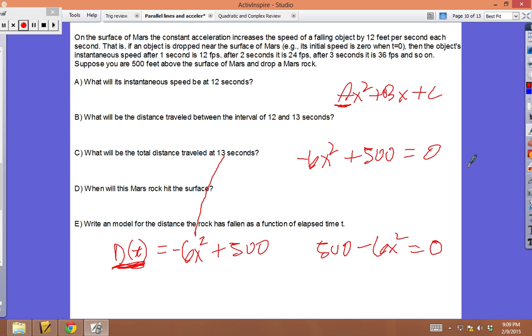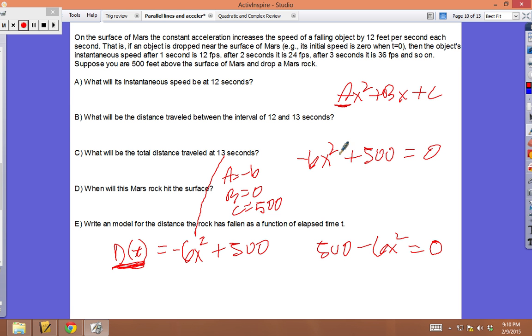You can do the quadratic formula. A is negative 6, B is 0, C is 500, and this will give you the exact answer. So if I ask you to the nearest thousandth of a second, this will give you that exact information. If you just make a table or look at the graph, you can kind of guess maybe it's between 6 and 7 seconds or something. But if you want the exact down to the thousandth or 100,000th of a second, the quadratic formula will give it to you.